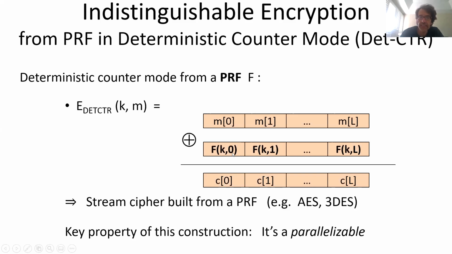And basically, it's a form of a stream cipher. So in order to encrypt a message, I took my key and I expanded it into this long string. This string is actually a PRG, and we will come back to this.